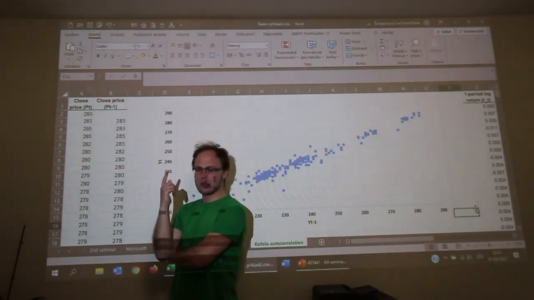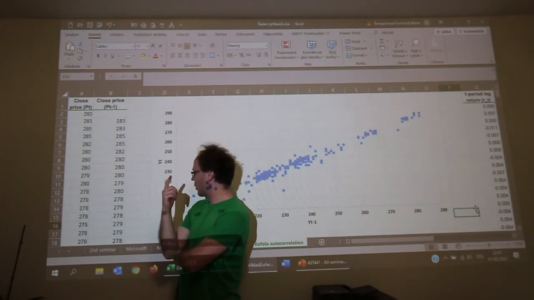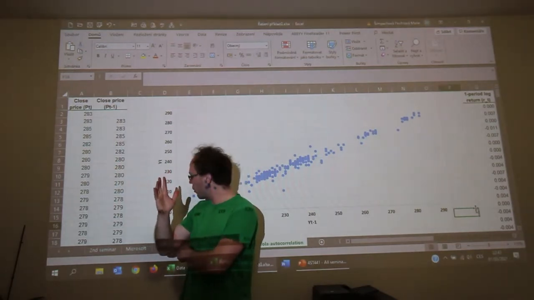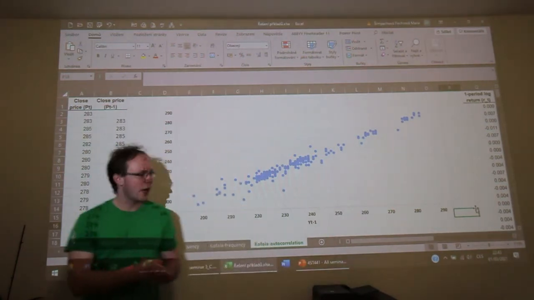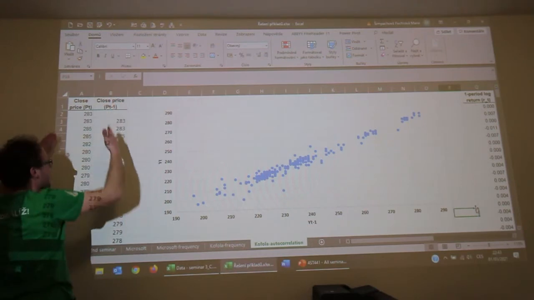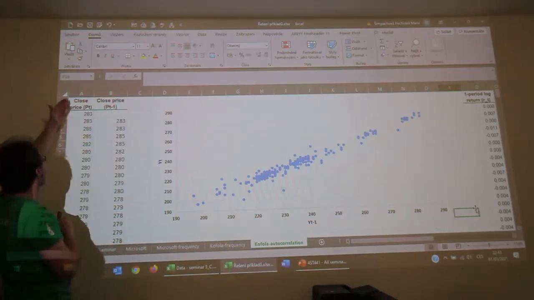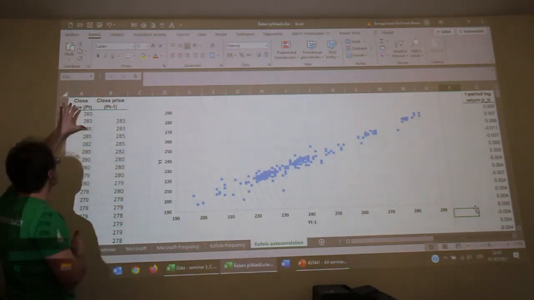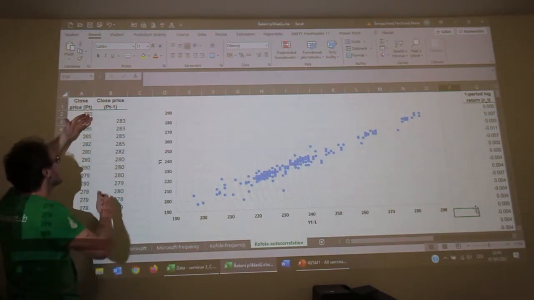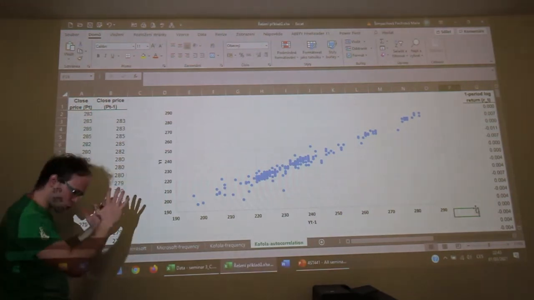I will illustrate this on prices of stock, prices of the Coca-Cola company. So there is a sample size, close prices in time t, and close prices in time t minus 1.